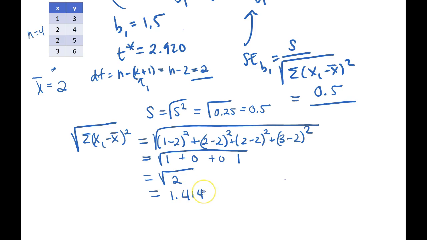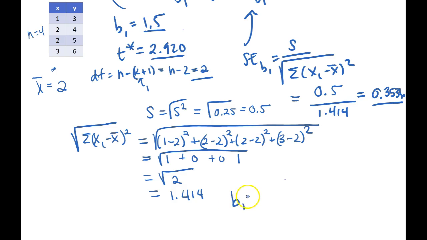This is the denominator of our standard error. So if we plug 1.414 in up here, we get a standard error of our estimate equal to 0.3536. Now we have all of the elements that we need to calculate our confidence interval.